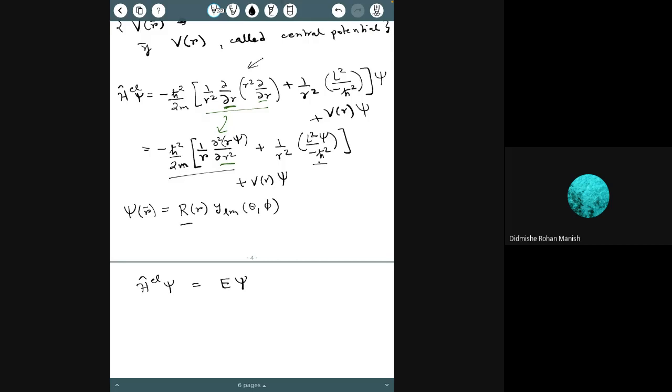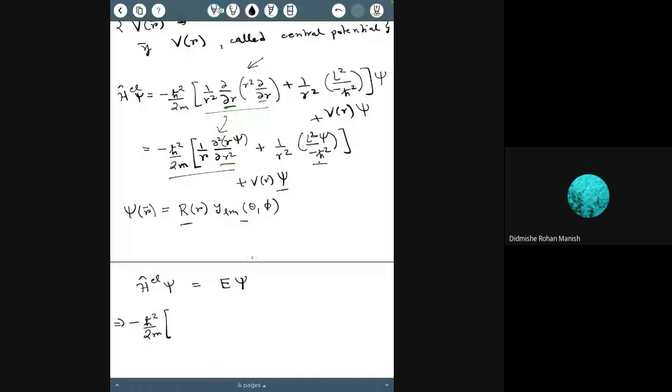Now here you have the operation of the L square operator, which operates only on the angular part and gives me an eigenvalue times the angular part, right? And here this is just a multiplication. So if I do that, I can write, dividing by r squared, the Y's for now, and then you cancel them.